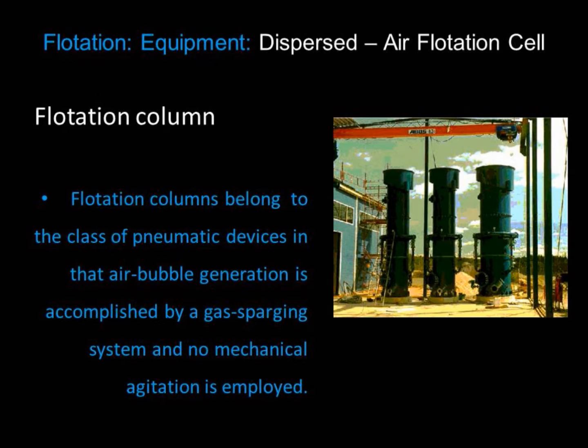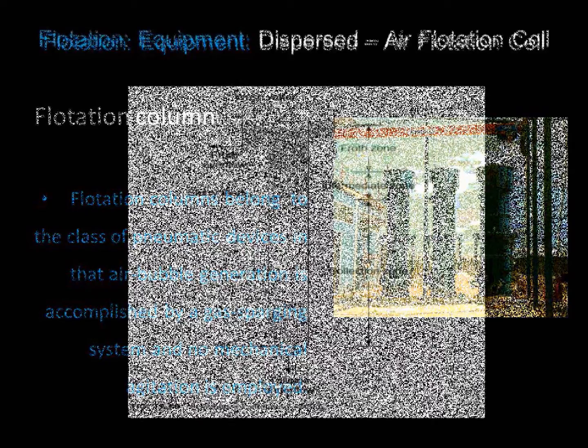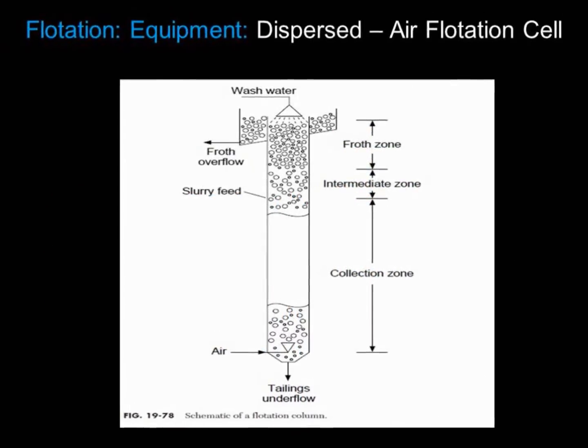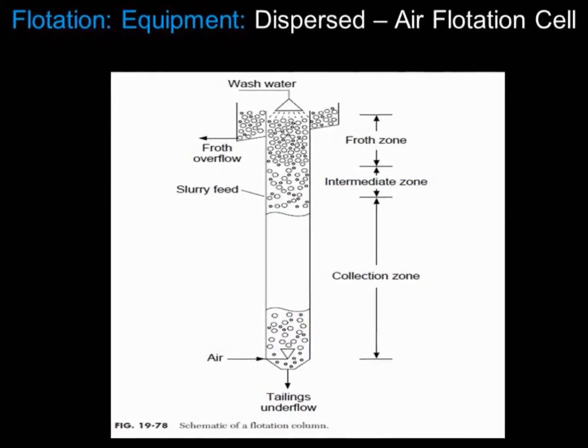Columns are built of long tubes of either circular or square cross sections that are commonly fitted with internal baffling. They are usually 10 or even 15 meters high with a cross-sectional area of 5 to 10 square meters. This is an illustration of a flotation column.